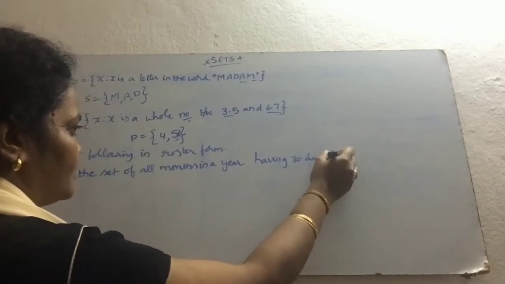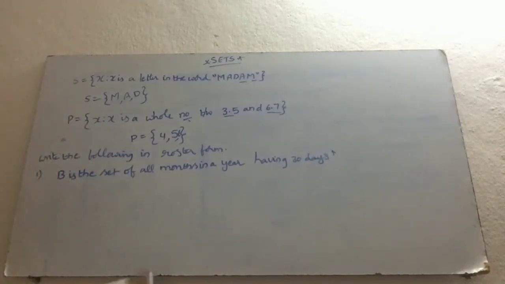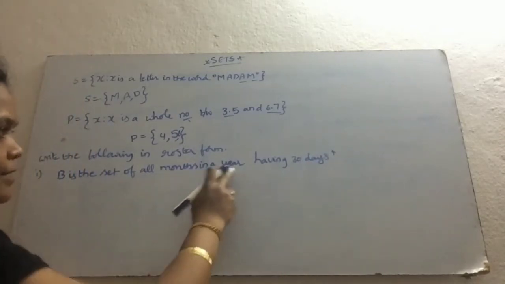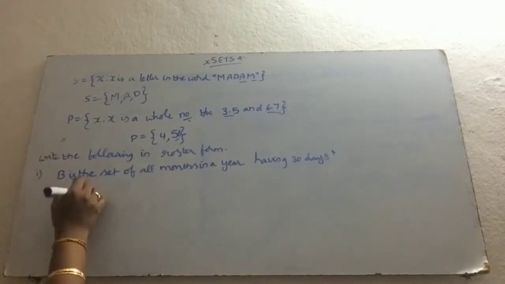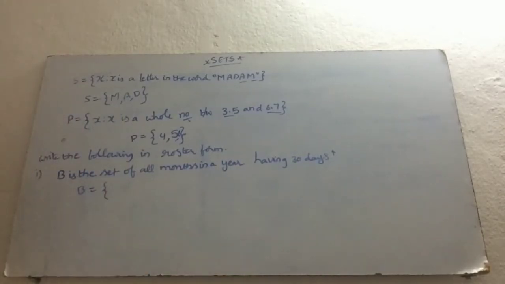In January we have 31 days, in February 28 or 29 days, and in March 31 days.